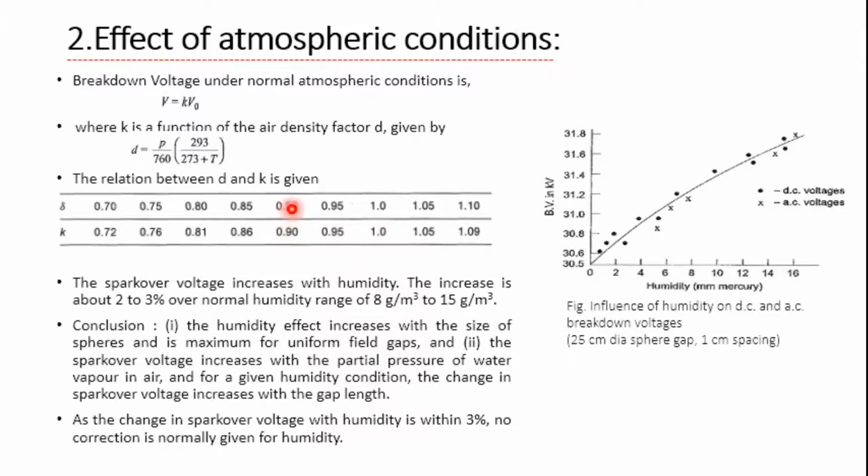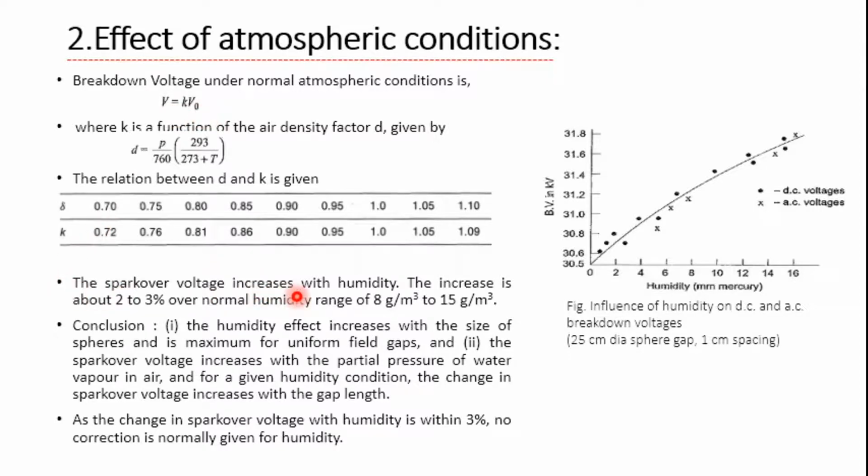So if you get 0.9, K is also 0.9, and generally we get 0.9 to 1.05. From this, by calculating the value of delta we get the K value, and substituting it here we get V equal to K into V naught.